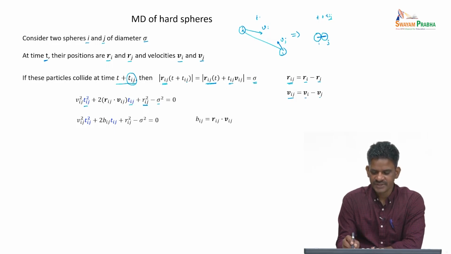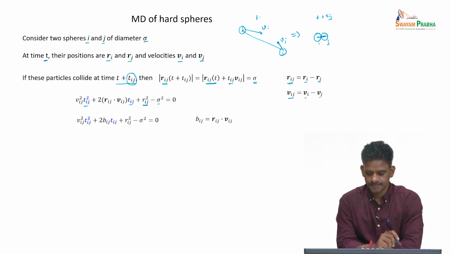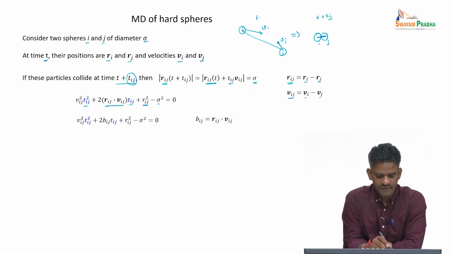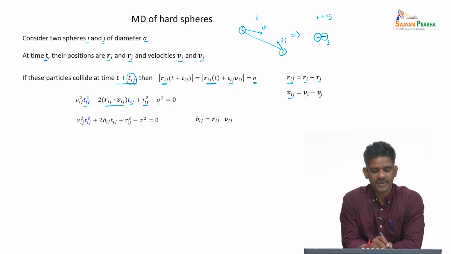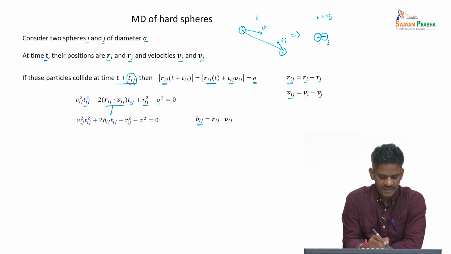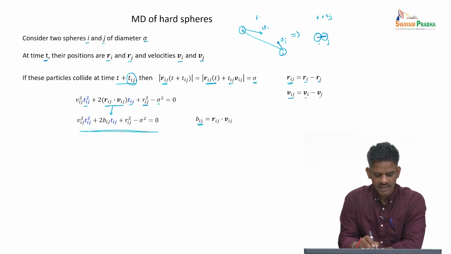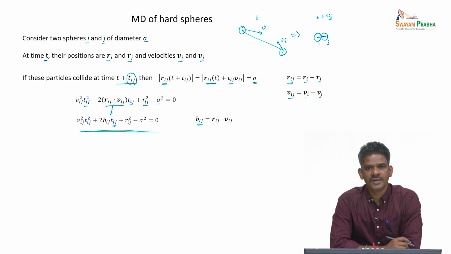Basically, what we are doing here is taking the square of the dot product of the same terms, and then you get this expression, which is quadratic in Tij. This particular dot product, the projection of Rij over Vij, that is the separation distance vector projected on the relative velocity, we call Bij. So this equation is now rewritten as Vij squared Tij squared plus 2 Bij Tij plus Rij squared minus sigma squared equals zero. If I solve this equation, I will get the time Tij at which these two particles i and j will collide.